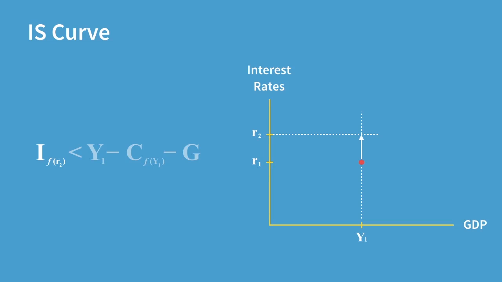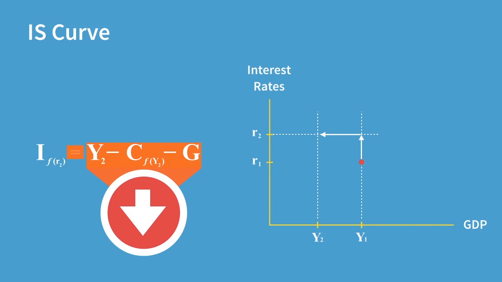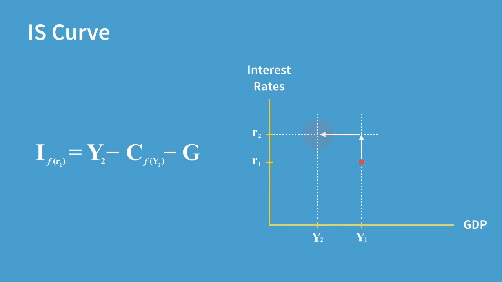But if from there we hold interest rates constant at R2, and we drop GDP such that the right-hand side of this equation falls, then when we reach Y2, the right-hand side of this equation will match the left, and the equality holds once again. So this must be another point on the IS curve. As you can see then, to stay at equilibrium between savings and investment, we need a downward sloping curve.